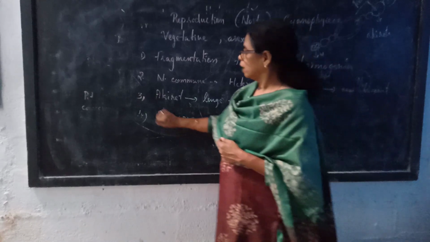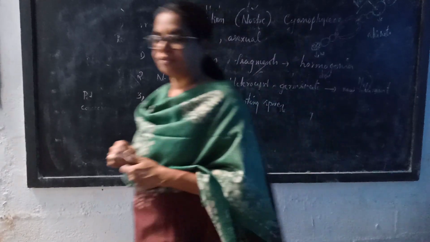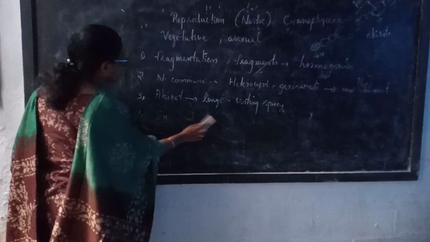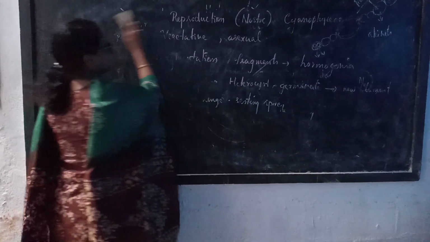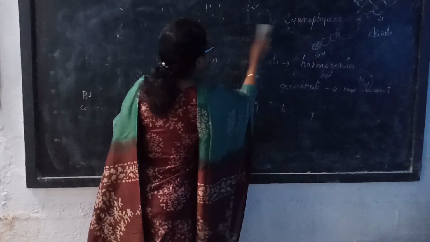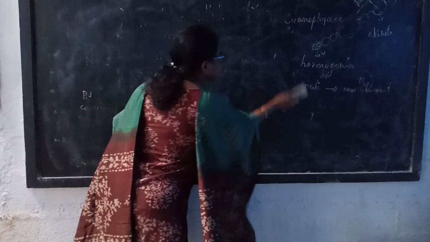And another is endospore. Here the protoplast of the vegetative cell splits into spores, and with the return of favorable condition, they germinate to give a new filament. So no sexual reproduction in Cyanophyceae.